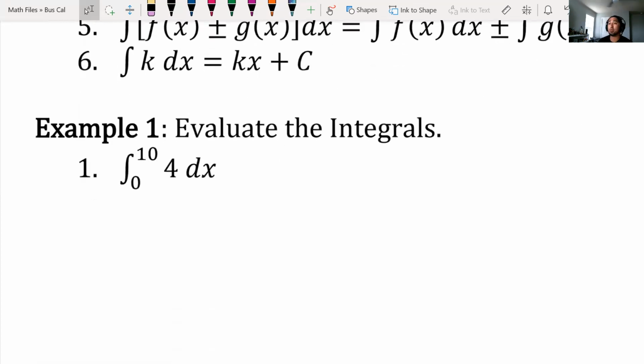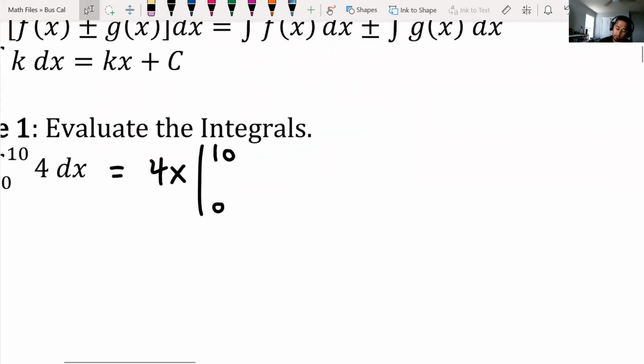So example 1, we have the integral from 0 to 10 of 4 dx. So 4 is just a number. So this means that the antiderivative is going to be 4x. So this will become 4x, and you will evaluate it from 0 to 10.